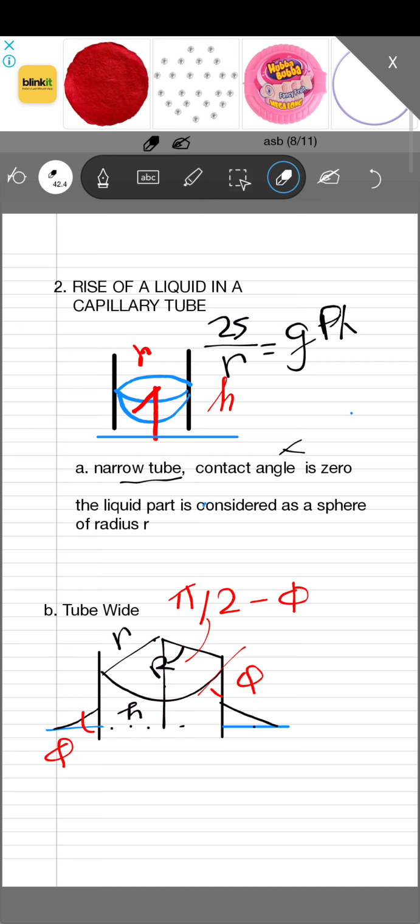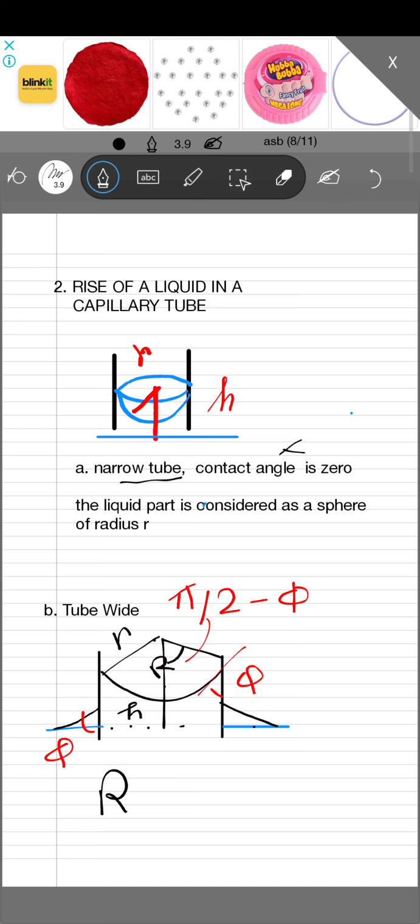However, if the tube is wide enough, then we need to have a certain positive value of contact angle, which is theta in this case, and based upon this theta, the radius of curvature R will have a relationship with the tube radius r, that is R cos theta will be equal to r.